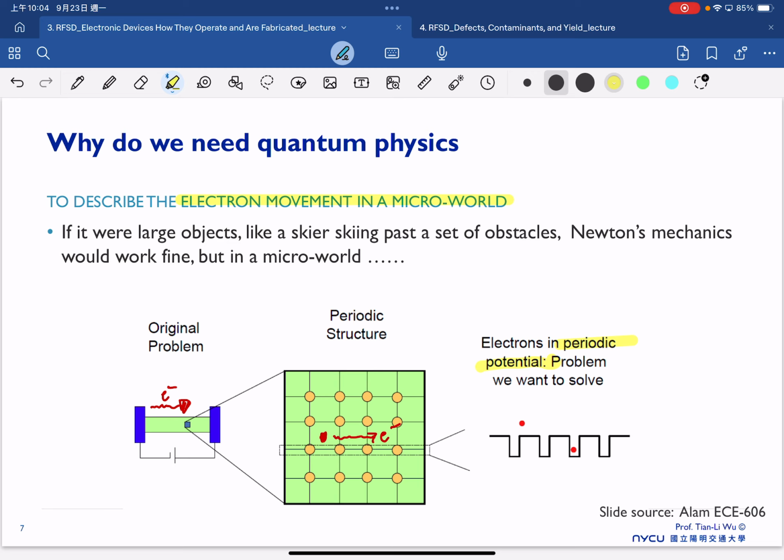So now the real problem we are trying to understand is one electron trying to move in a place that has a periodic potential.